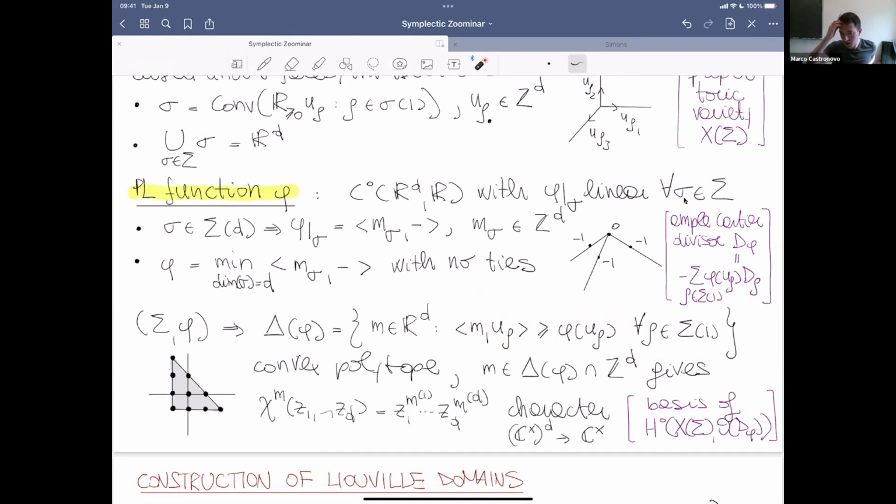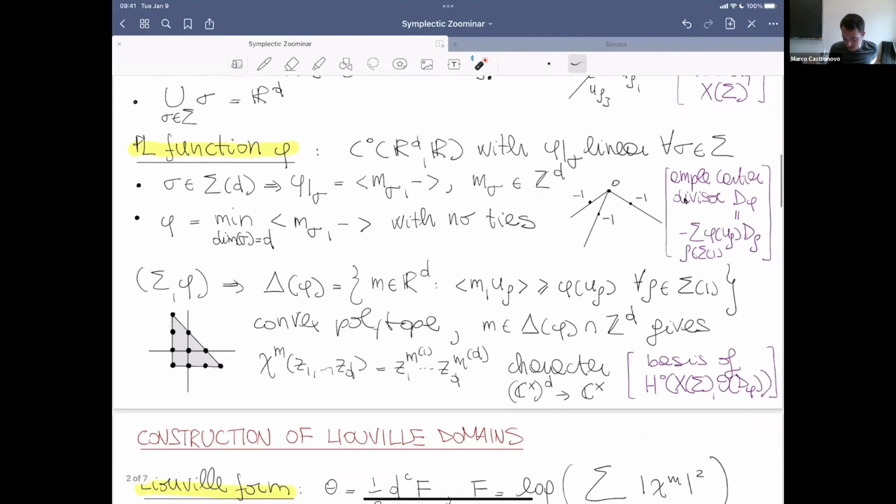It's a convex polytope, and its important feature is that its lattice points parameterize characters of the torus that are very special. These characters are written as monomials in Z1 through ZD with exponents given by the coordinates of a lattice point. There are 10 in this example. And they're special because in algebraic geometry, you can think of them as a basis of sections for the line bundle associated to the divisor that phi describes.